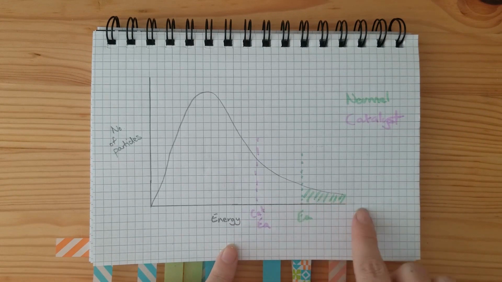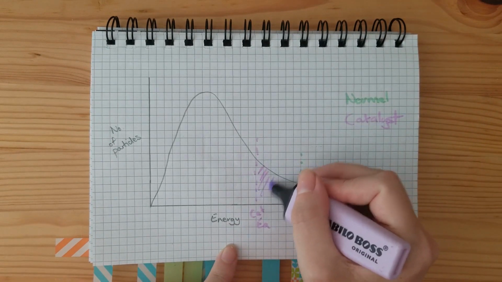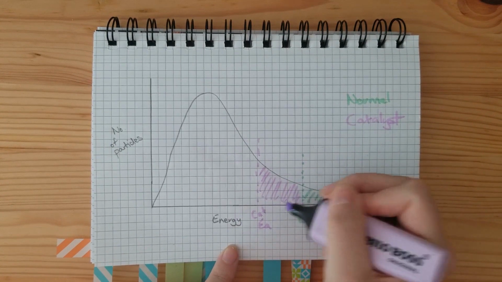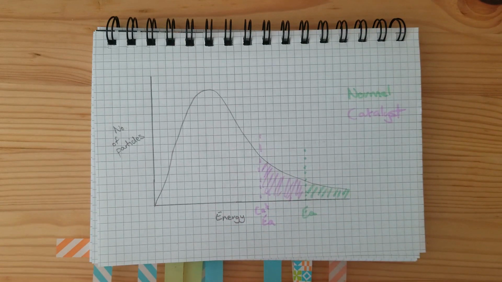So not only have we got the green particles that are capable of reacting, we've now added all of these particles here that can also react when they collide. So there's a greater chance of our collisions being one of these particles that are over the activation energy, and therefore you're going to get a higher rate of reaction because you're going to have more successful collisions per second.